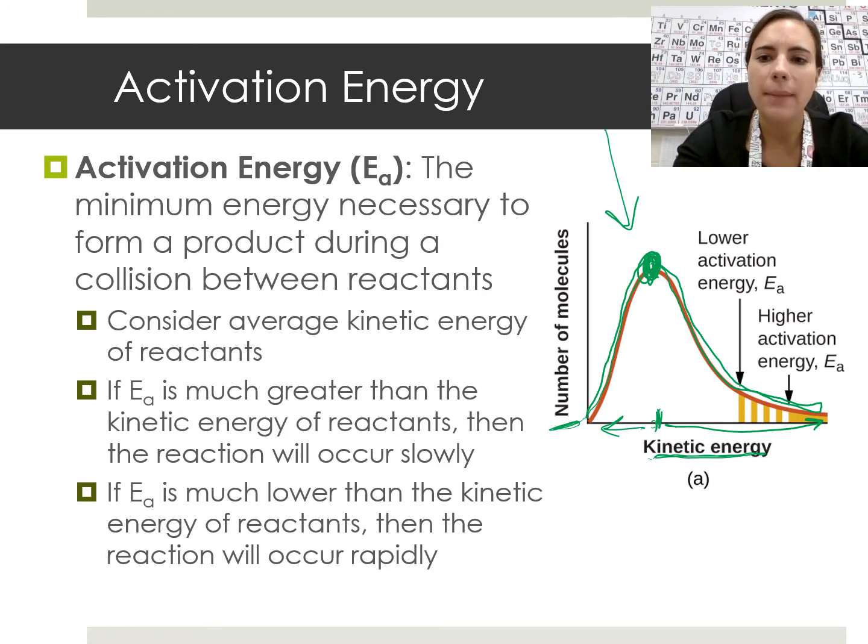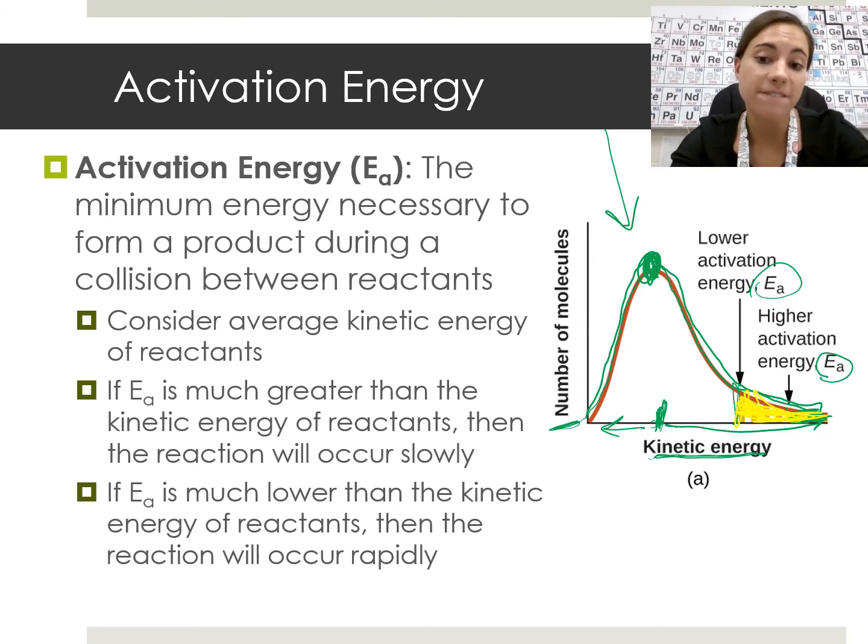If my activation energy is much greater than the majority kinetic energy that they have, I'm only going to have very few molecules that have sufficient energy, and so my reaction is going to be very slow. If I have a lower activation energy, now I'm going to have a much greater portion of molecules with sufficient energy, so the reaction is going to happen faster.